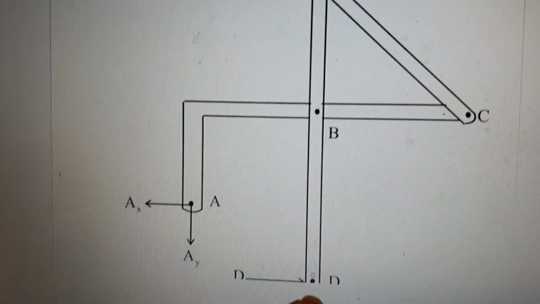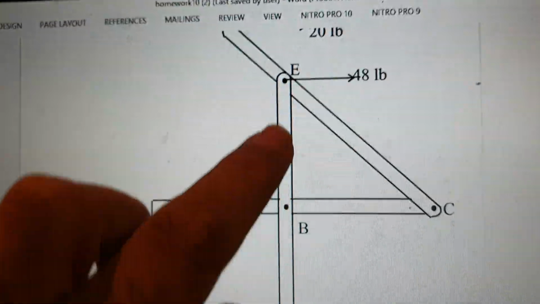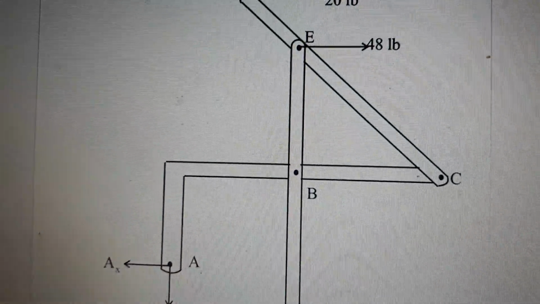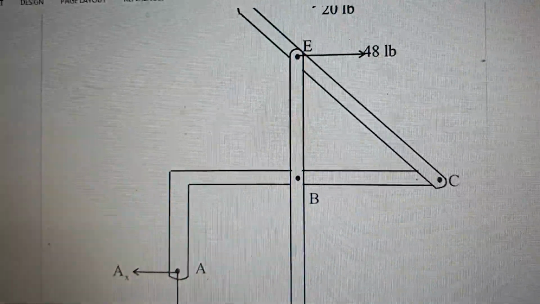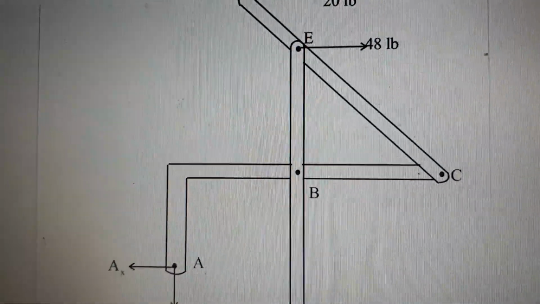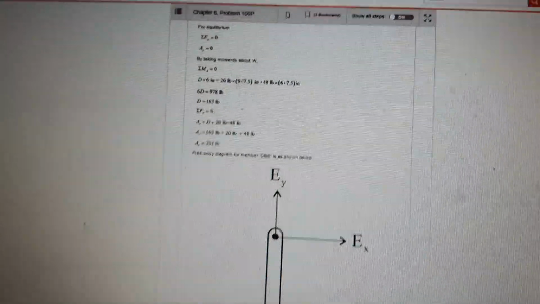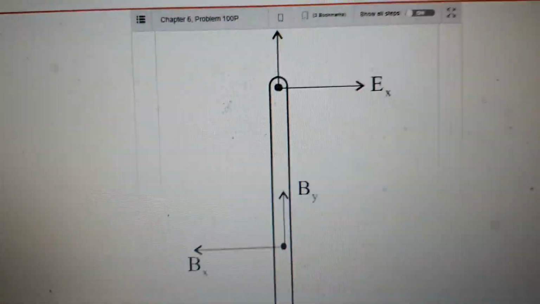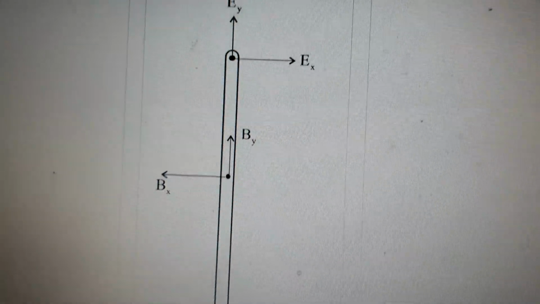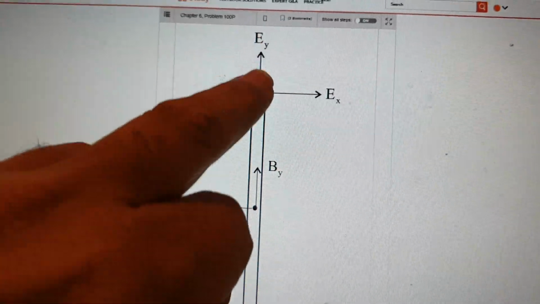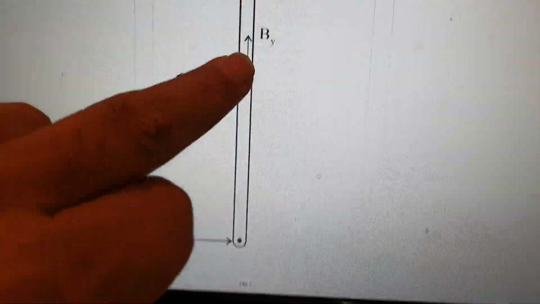So now we take this member DBE, so we could see that there is DX, there is BX and BY, and there is EX and EY. So we do it like this. So we take it as a force like that. Okay, EX, EY, it's DBE.